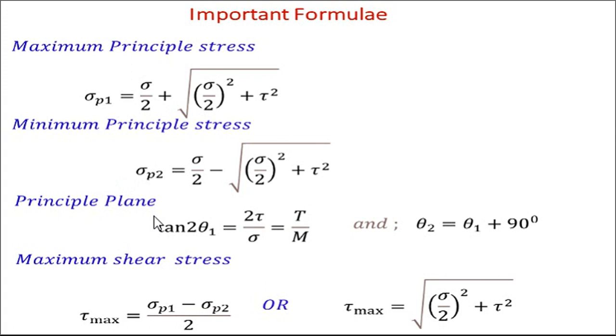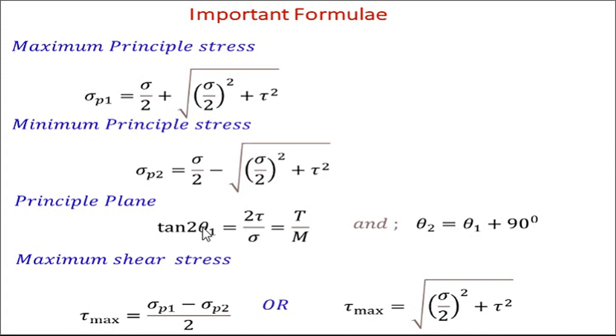After that, the principal planes. You know that for the principal plane, tan of 2 theta 1 is equal to twice of tau xy divided by sigma. This relation we already used in the previous slides or previous video lectures also.